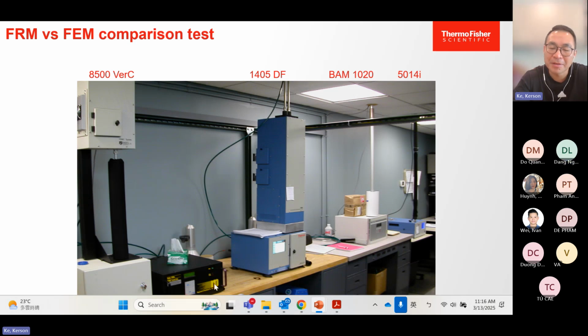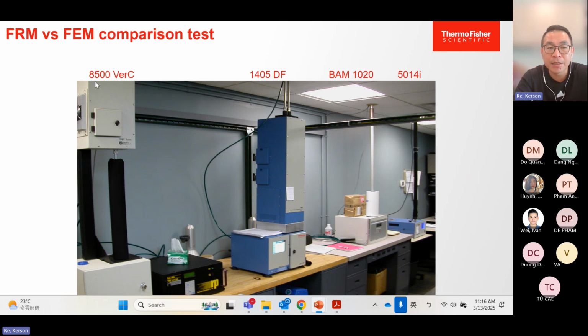RP is the former TEOM inventor. Let's say Thermo Fisher acquired RP, so they design the TEOM. But Thermo Fisher acquired them and invented our own analyzer called 1405 DF. So some design changed.